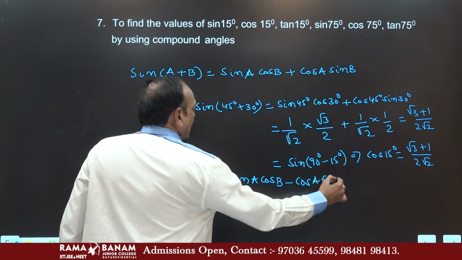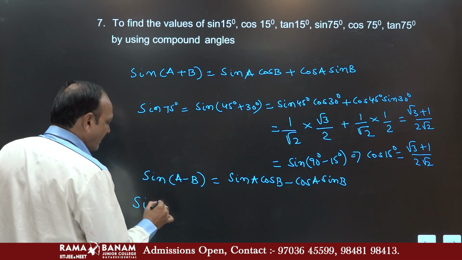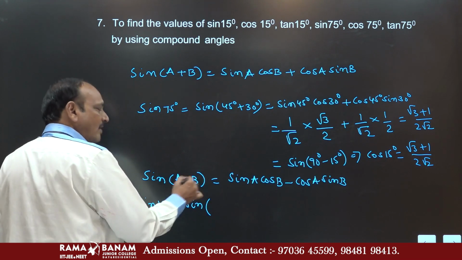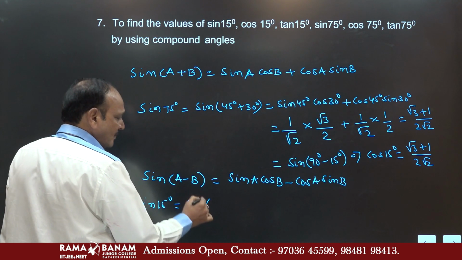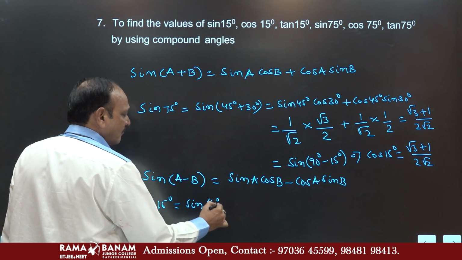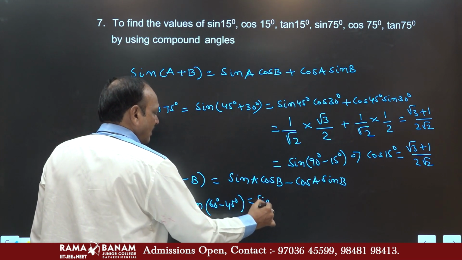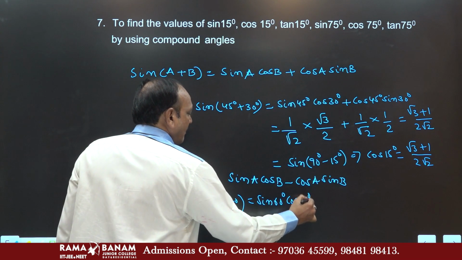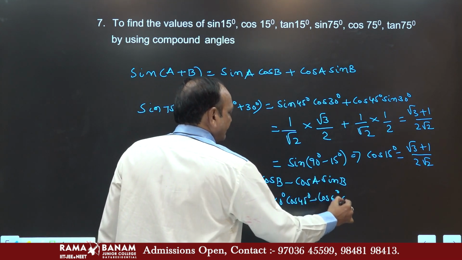Now, you know very well, the sin 15 degrees I want to find. So, sin 45 minus 30 or 60 minus 45, whatever you can take. So, I am taking 60 minus 45. Now, sin 60 into cos 45 minus cos 60 into sin 45.